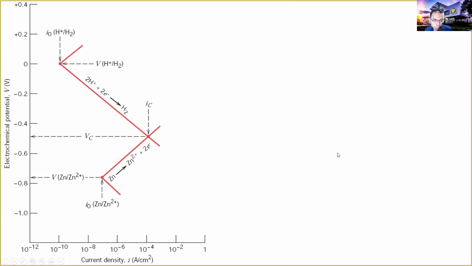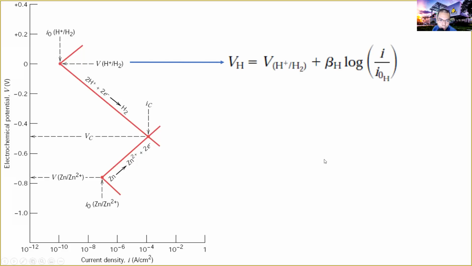So credit to Ma'am Ayla for this graphic. For the hydrogen reaction, this is our reduction half reaction. Since makita natin, the equilibrium potential is higher, so this will act as our cathode.